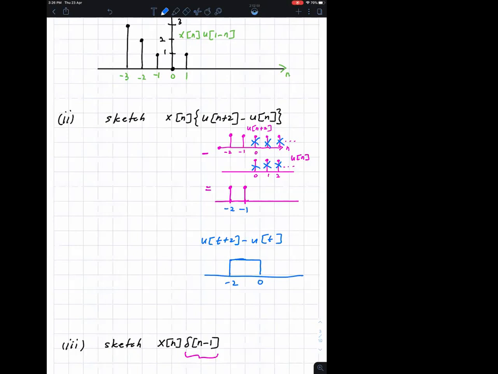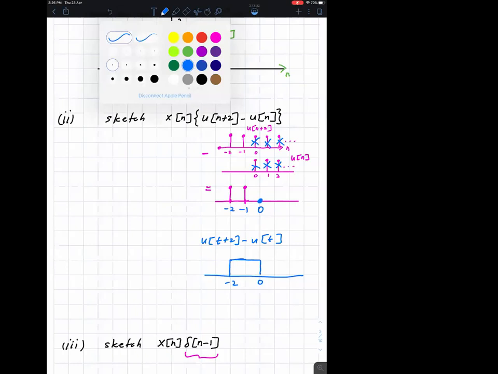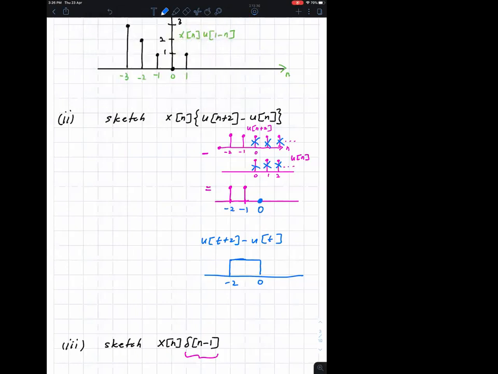But look here, there's no 0 here. So don't make that mistake. In the discrete time signal, you have to sketch it out and see. In continuous time, you have minus 2, minus 1, and 0. For discrete time, you only have minus 2 and minus 1. The signal exists only at minus 2 and minus 1, while the continuous time signal exists from minus 2 to 0.